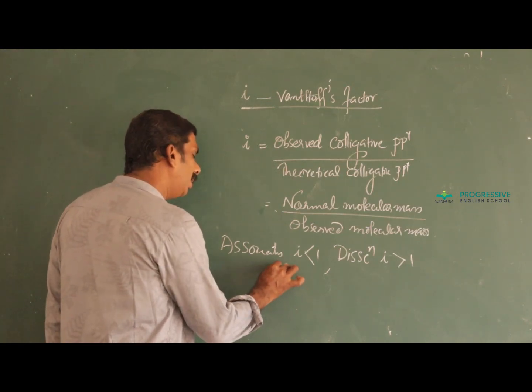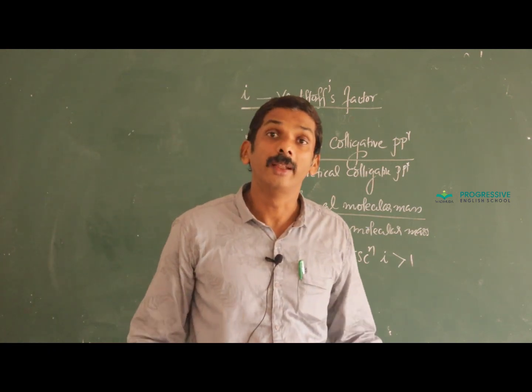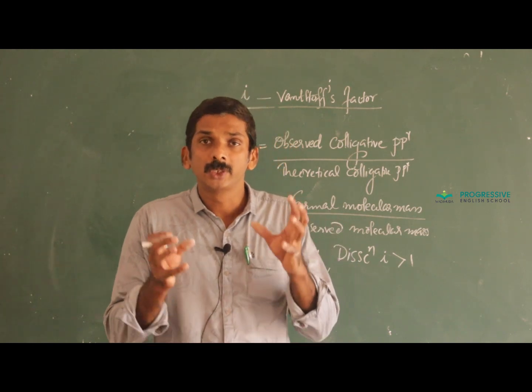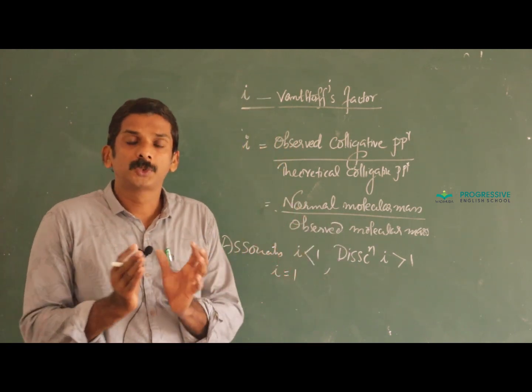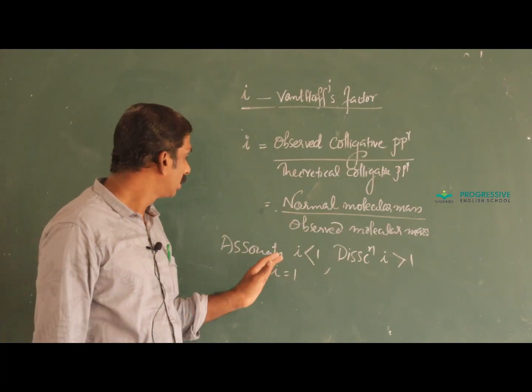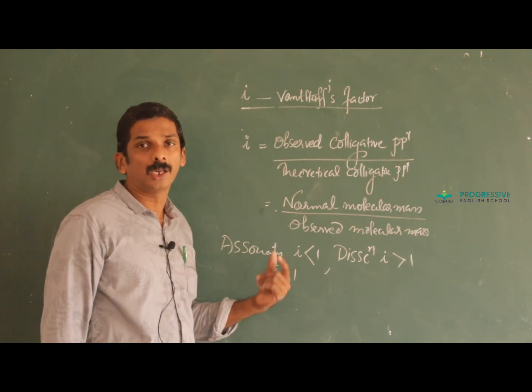Then i equal to 1 means what? Neither association nor dissociation. Suppose sucrose, glucose, urea, all these units exist as the same. They do not undergo dissociation or association.